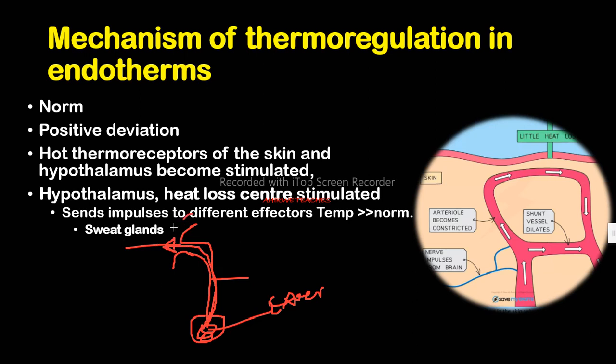And when it reaches here, it will find that the outside environment is relatively colder than the internal, so it will condense, and the other heat that was used to vaporize the water to form sweat is given out. And then the sweat condenses on the skin as sweat.